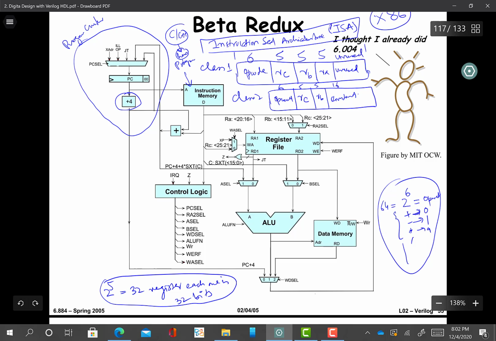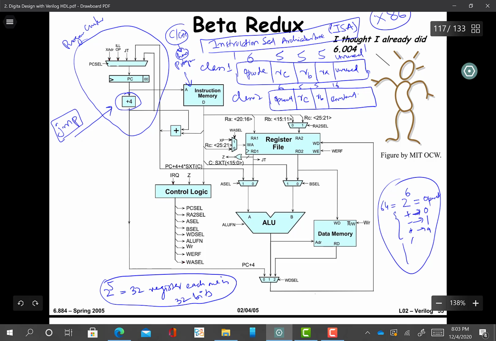That's why we add 4. So every cycle the PC is incremented by 4. If it is 0, then in the next cycle it will be at 104 to pick up the next instruction. So this is the purpose in life for a program counter. It just keeps on counting with an increment of 4. This increment of 4 is sometimes disturbed when we want to implement a jump instruction.